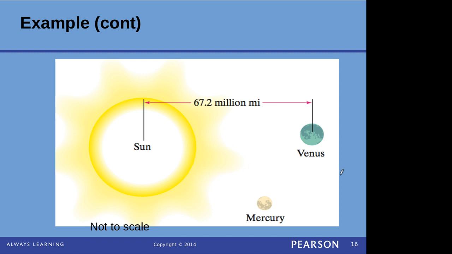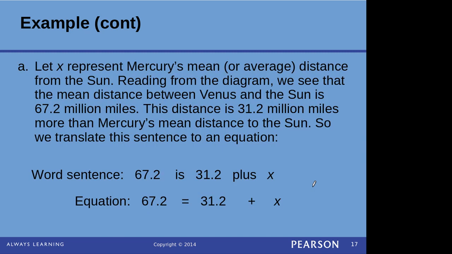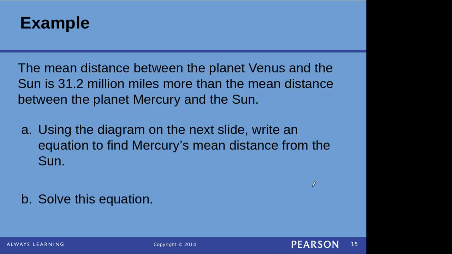So this distance between the Sun and Venus is 67.2 million miles. If we go back, whoops, backwards, not forwards, the mean distance between the planet Venus and the Sun is 31.2 million more than the mean distance between Mercury and the Sun.